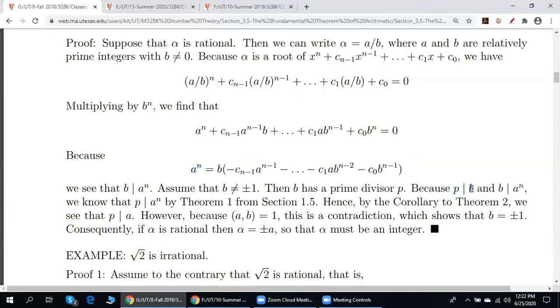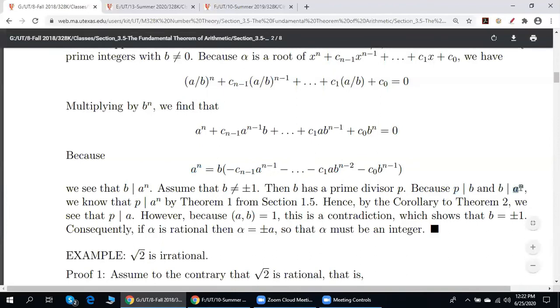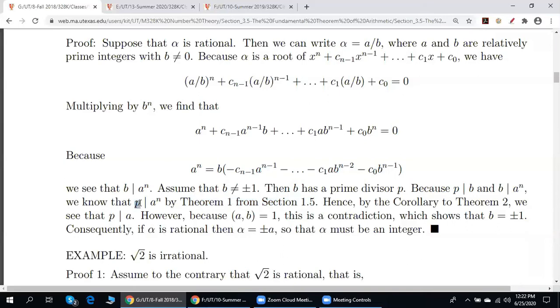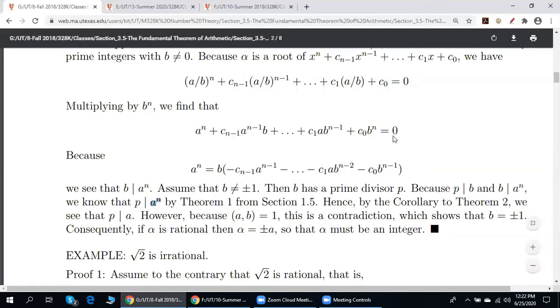Since p divides b and b divides a to nth power, p divides a to nth power. It's exactly what is written here by Theorem 1 from section 1.5. Since p divides a to nth power, by corollary to Theorem 2, p divides a.